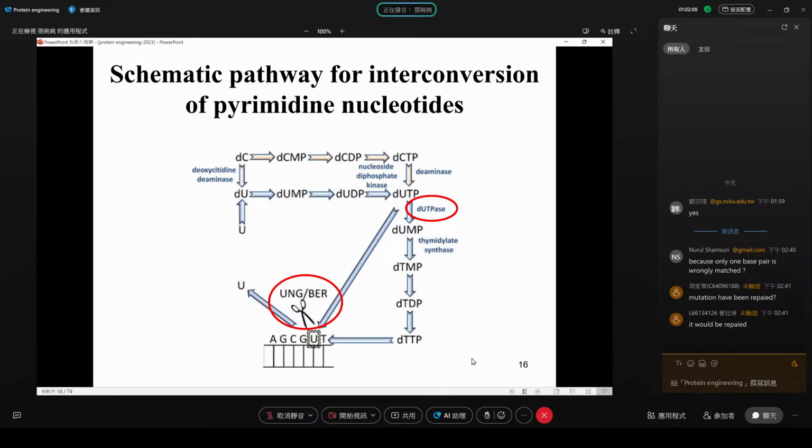So according to the template, GATC pairing, they will need a correct residue composition to incorporate the correct residue. If anything is wrong, it will be cut off by UNG, this enzyme.